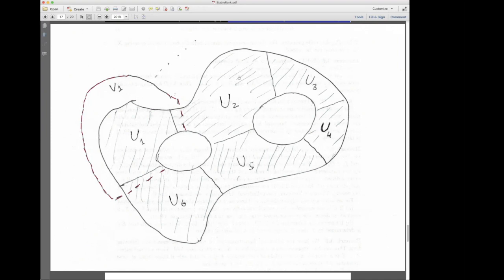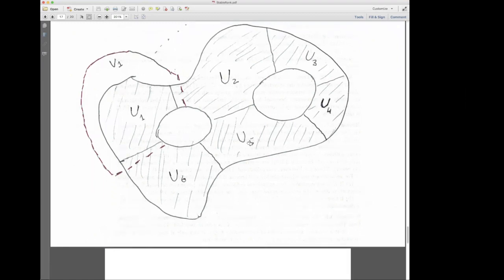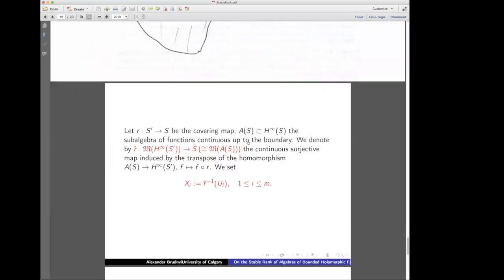Then the complement of these intervals will be connected, and therefore this union of 3 intervals will be polynomially convex in C. But then, of course, it will be polynomially convex also inside of this domain as well, right? Because the set of holomorphic polynomials is just a subalgebra of H infinity here. Using this simple argument, one obtains what I told you.